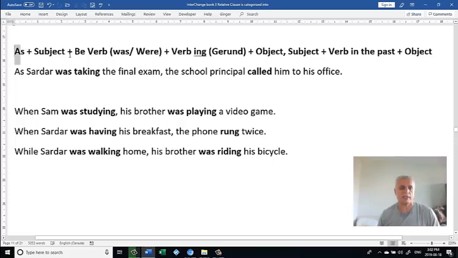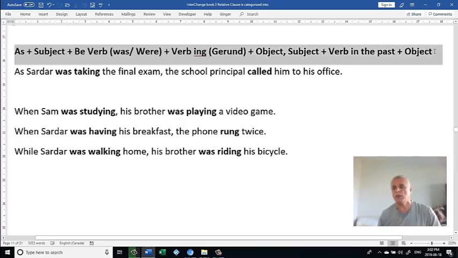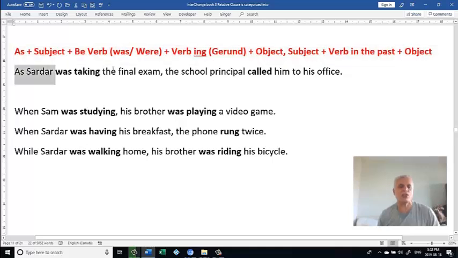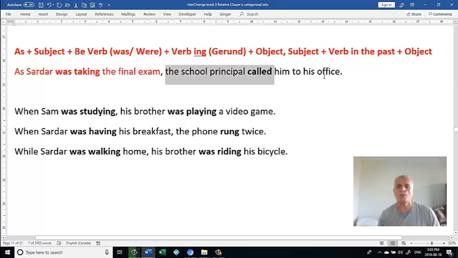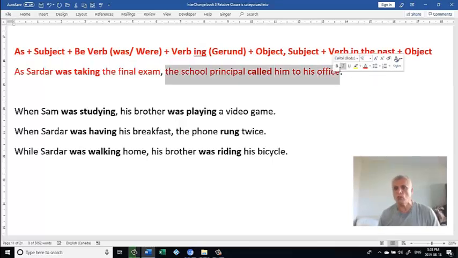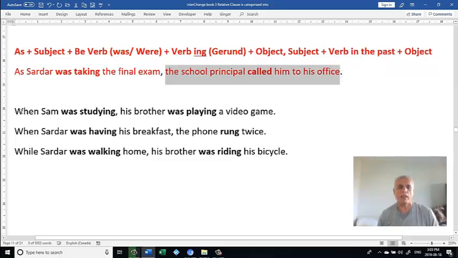Then we have as, then subject, be verb, verb ing form, object, subject, verb in the past. Then we say, as Sardar was taking the final exam, this is an action continuing. Then we say the school principal called him to his office. This is an action that starts only once.